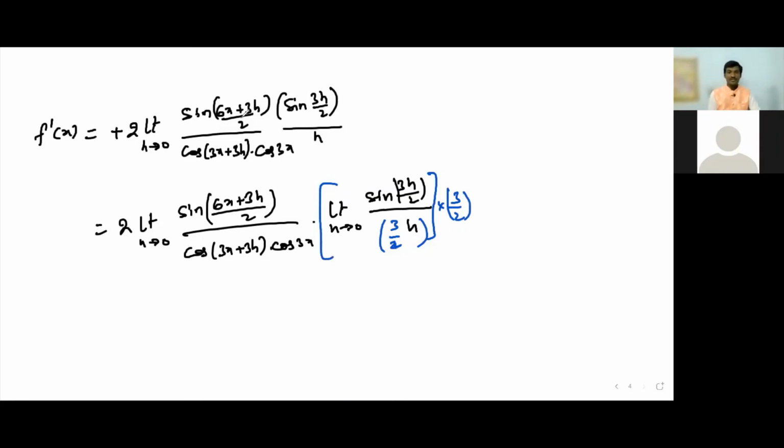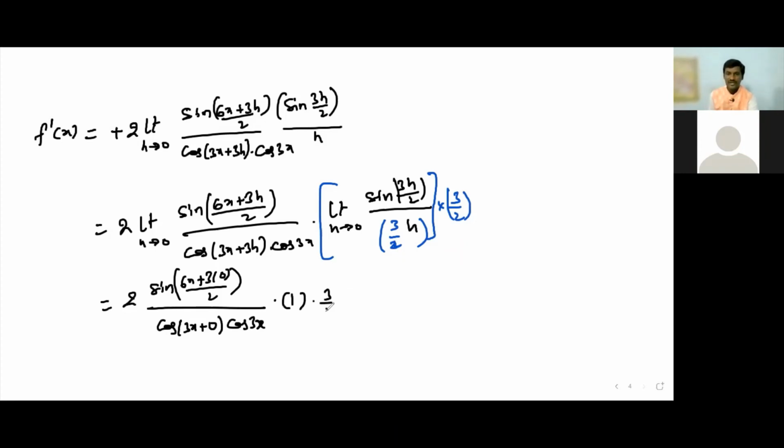So we get 2 into sine of 6x plus 3 into 0 divided by 2 and whole divided by cos of 3x plus 3h, it is 0, and cos 3x, and sine of 3h by 2 divided by 3h by 2, sin theta by theta, it is 1, into 3 by 2 as it is.